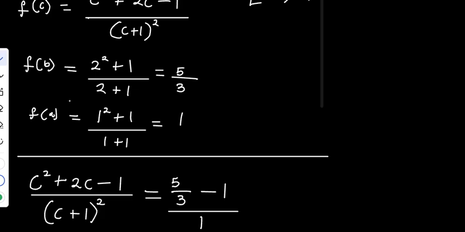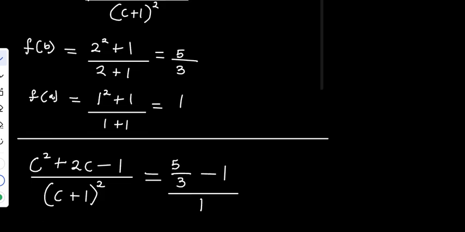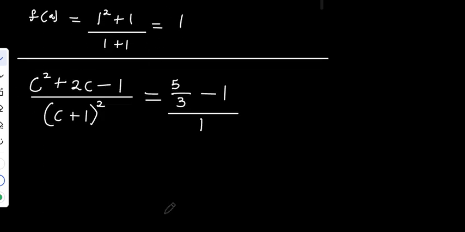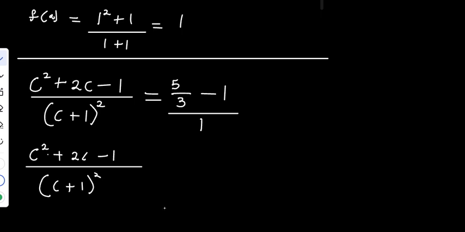So let's carry on solving this. We're going to have this to be, this is still the same thing as c squared plus 2c minus 1 divided by c plus 1 all squared, and this is now going to be equal to everything over 1, which is just going to give us 5 over 3 minus 1.